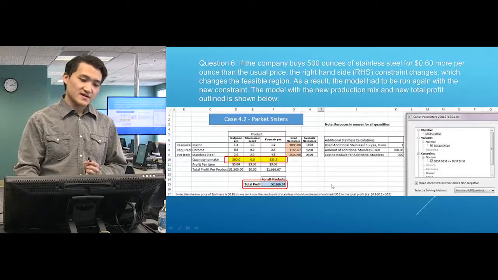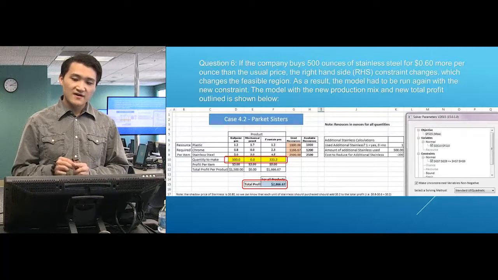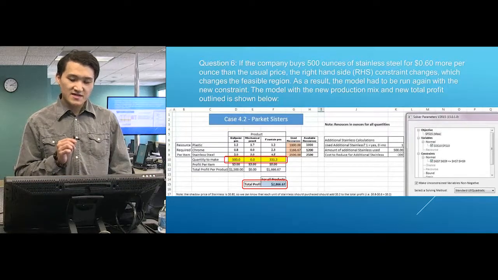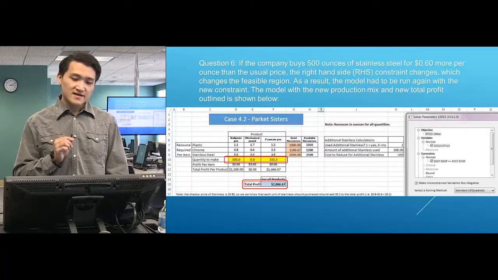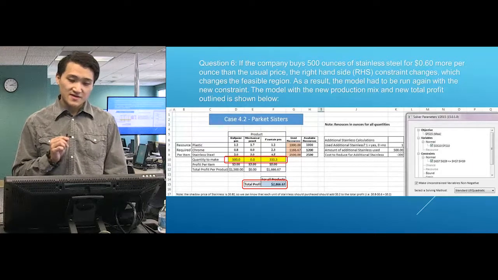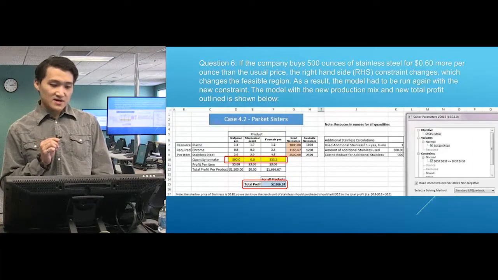Question 6, if the company buys 500 ounces of stainless steel for 60 cents more per ounce than the usual price, the right-hand side constraint changes, which changes the feasible region. As a result, the model had to be run again with the new constraint.